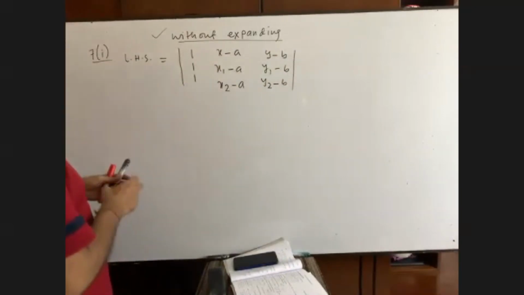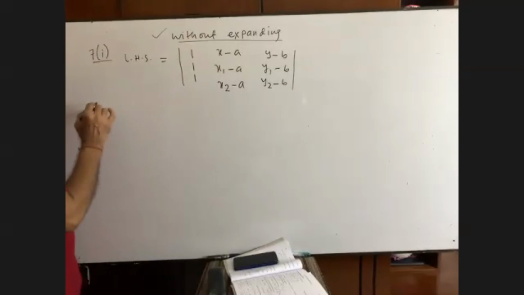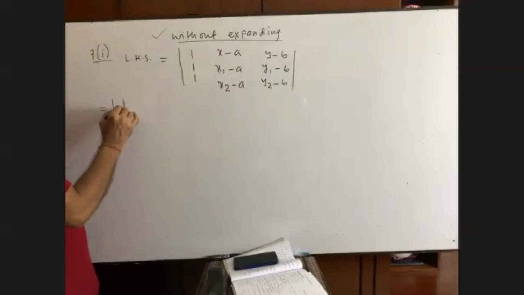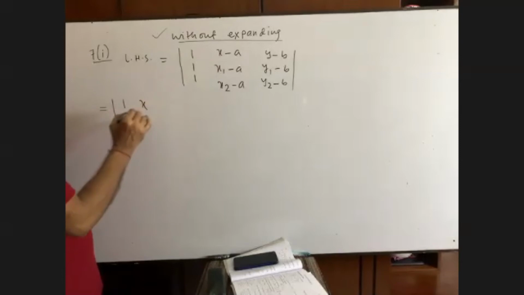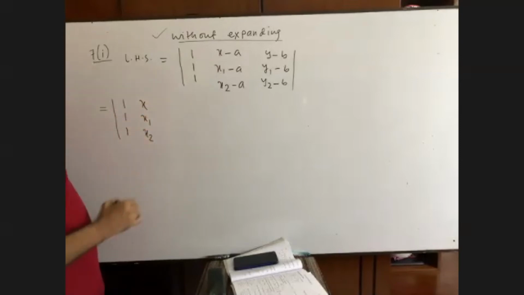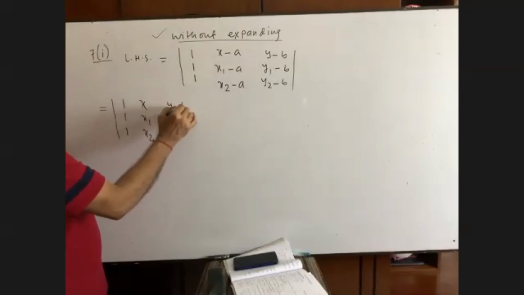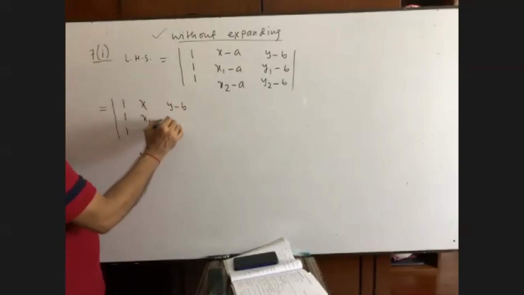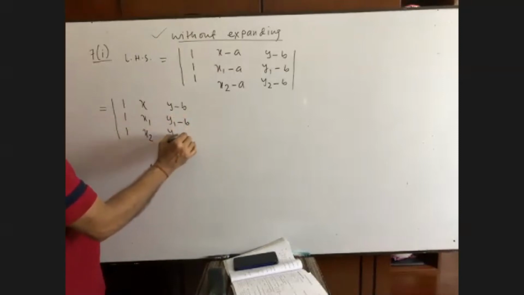Okay, you see, dear students, perhaps it can be written, please pay attention, all of you, that they told you 1, 1, 1, right? Talk to me. x, x1, x2, y minus b, y1 minus b, y2 minus b.